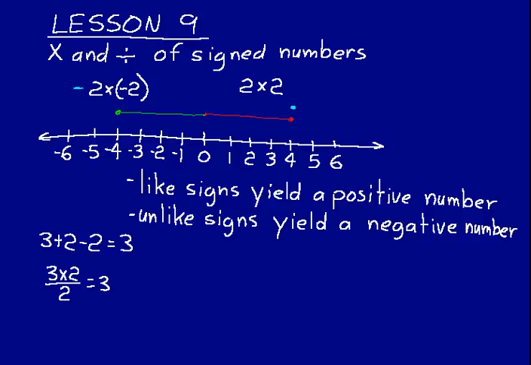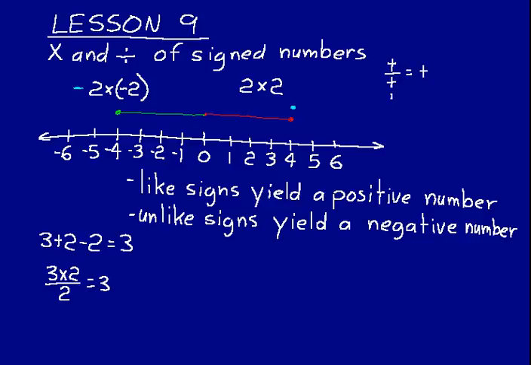They have similar properties, just like addition and subtraction. Addition will undo subtraction, or vice versa. Multiplication will undo division, or vice versa. So in division, look up here at the top, I could have a positive divided by a positive. Those would be like signs that would yield a positive result.